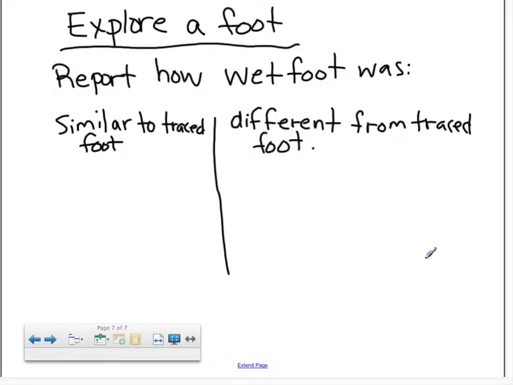Now Naya's going to dip her foot in a pail of water. It's probably lukewarm, a little coldish.